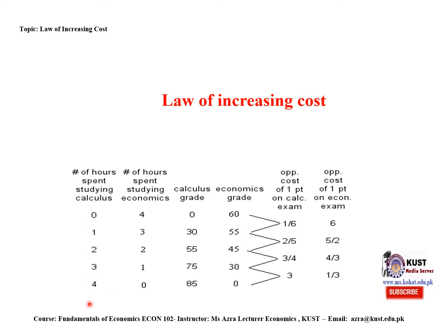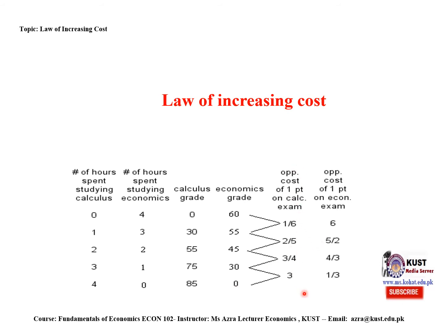Let's suppose in the first column we have taken one subject, which is calculus, the number of hours spent on studying calculus. And in the second column there are the number of hours spent on studying economics. These are the grades from calculus and here are the grades from economics which students have taken.